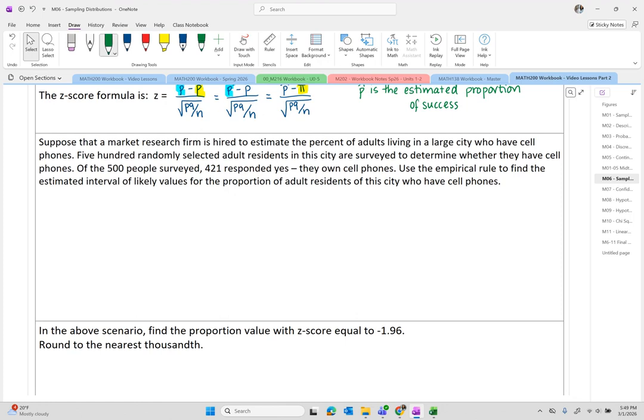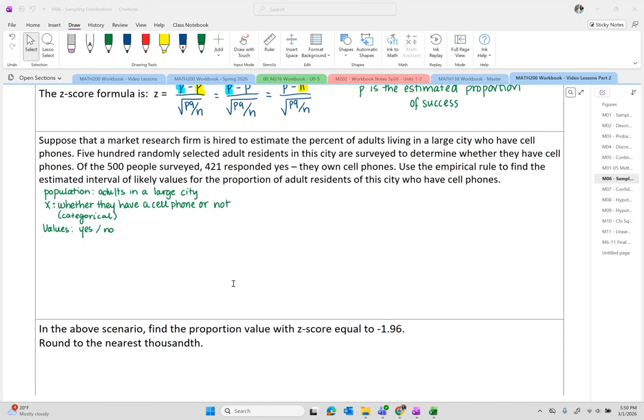Let's write that down. So we have the population, the adults in the large city, and the variable whether they have a cell phone or not, which is a categorical variable, and it takes two values, yes or no.